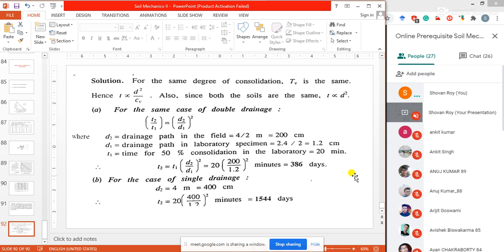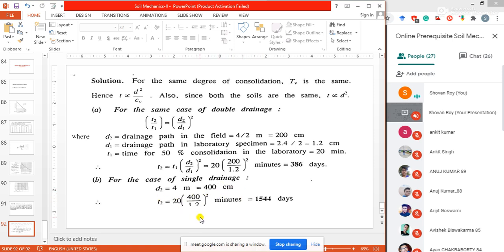And next, for the case of single drainage, only the d2 value changes. The d2 value in the field was 4 meter. For double drainage we divided by 2, but for single drainage we should take the same depth as the actual in the field, that is 4 meter, equals 400 centimeter.